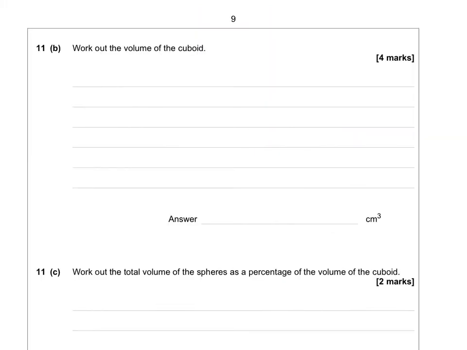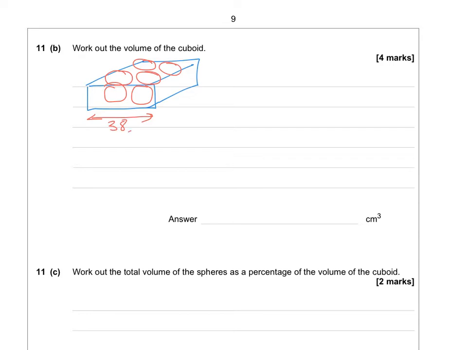11 part B, work out the volume of the cuboid. Well, we know that the cuboid looks a bit like this. From the plan view we knew that there were 4 spheres, and from the front view we could see 2, which means that there must be 4 spheres inside the cuboid. Now, the diameter of one sphere we said was 19 centimetres, so this distance here, which is 2 spheres diameters worth, is 38 centimetres.